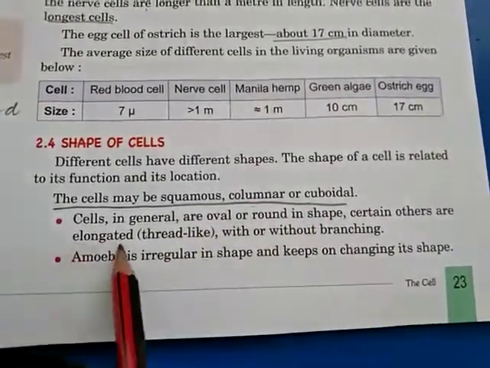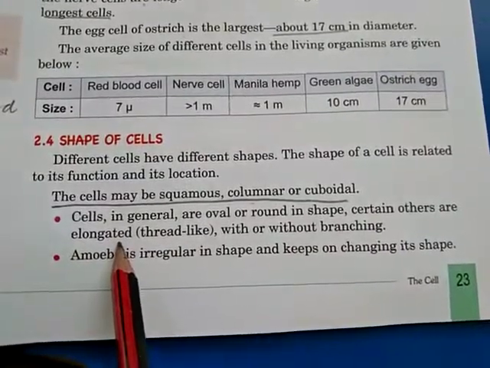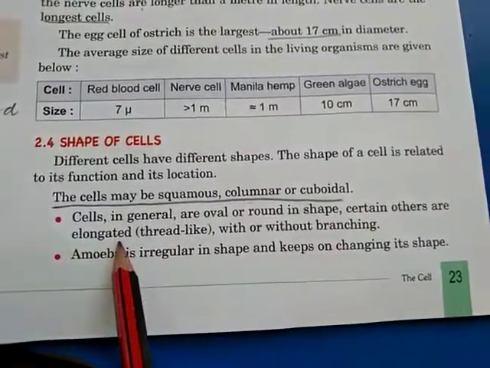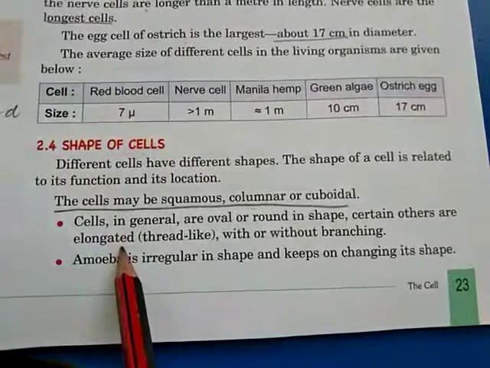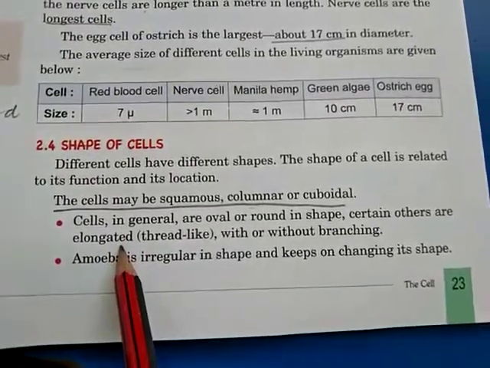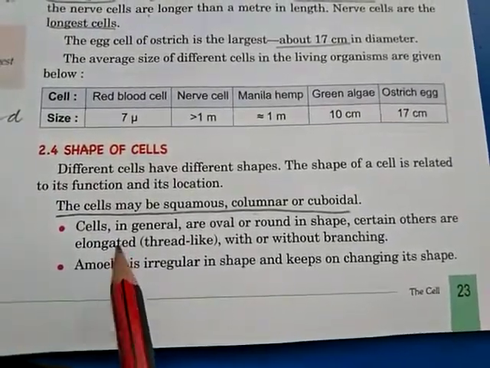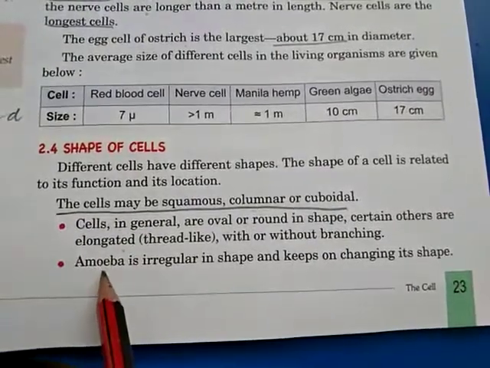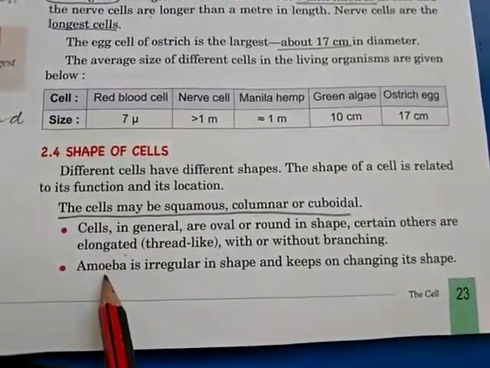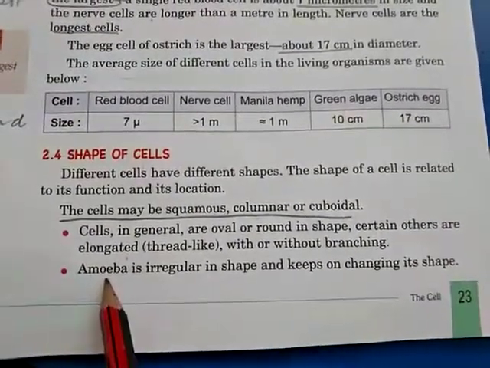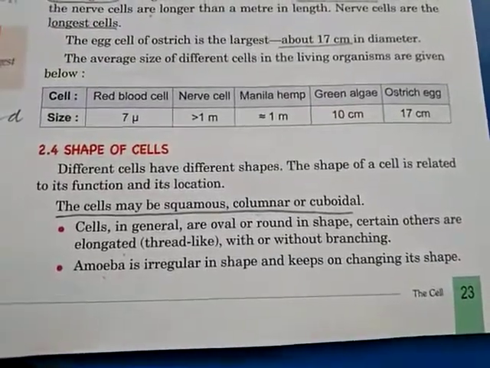Some of them are elongated, meaning thread like. Some may have branches, and some may be without branches. Like amoeba, it is a cell which is irregular in shape. Amoeba does not have a fixed shape.